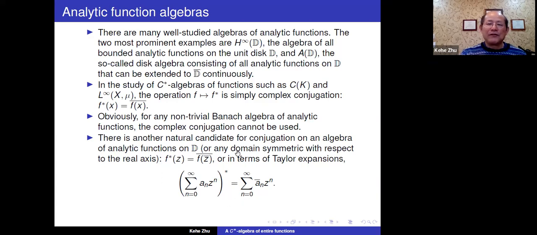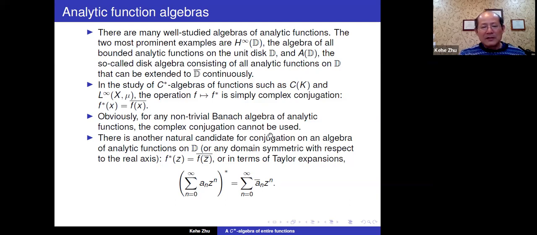And also, if you look at H infinity, then this operation is also well defined on H infinity. It is because the star operation can be written in terms of conjugation like this. You simply take the conjugate of z, and then you look at f of z bar, and then you take the bar again. And that's the new operation over here. And obviously, this operation will leave H infinity and A(D) invariant. And so this is a good operation on those two algebras.